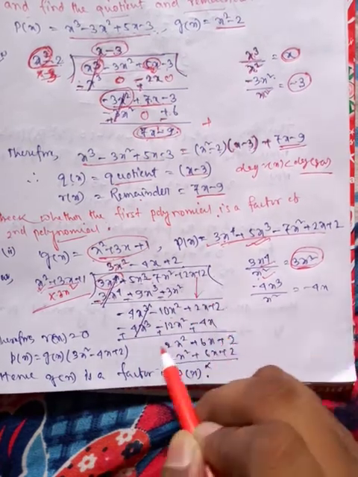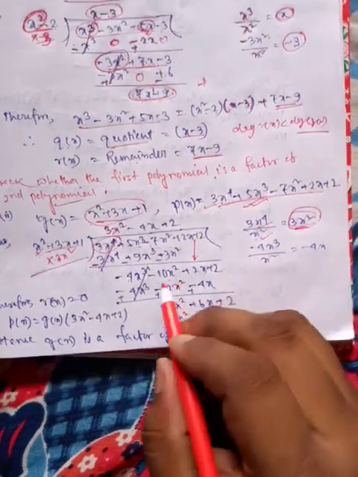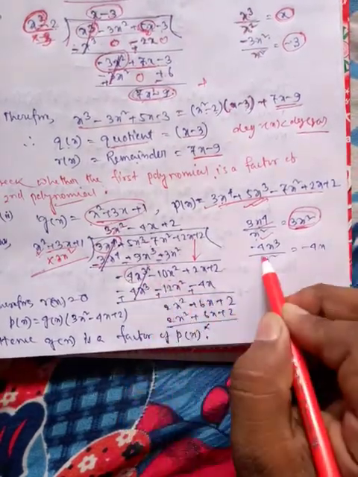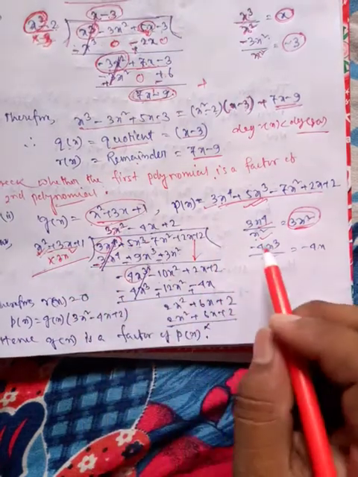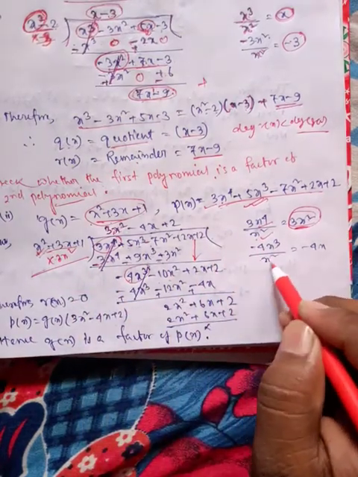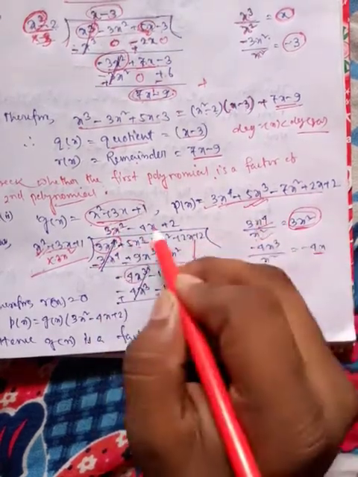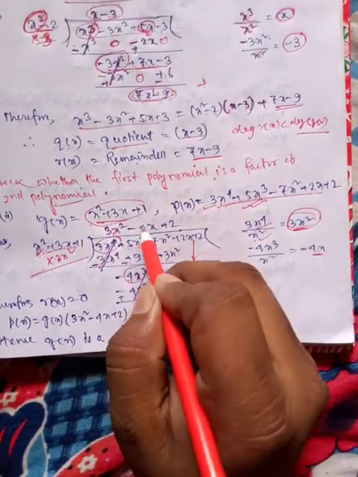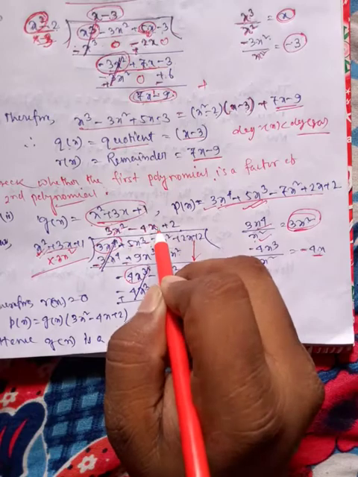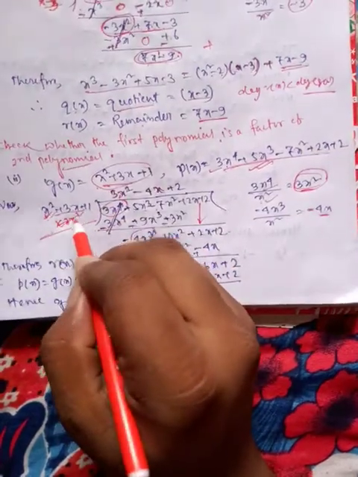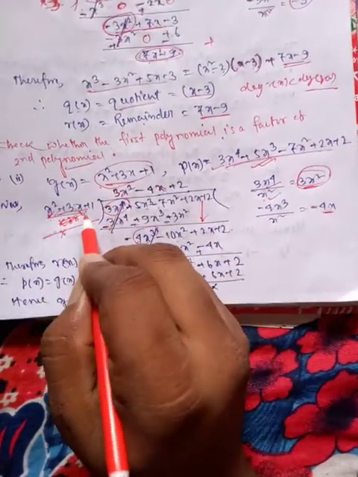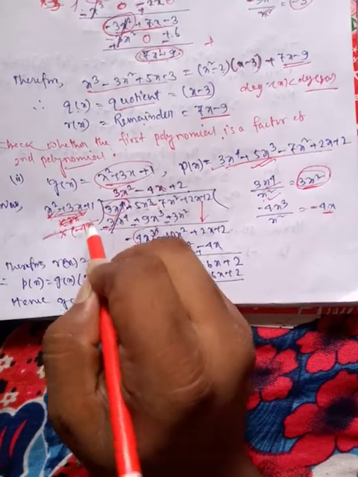Then for the second part, the first term is minus 4x cube, and the first term of the divisor is x square, so dividing minus 4x cube by x square gives minus 4x. Write minus 4x in the quotient. Understood? Then multiply this polynomial by minus 4x.